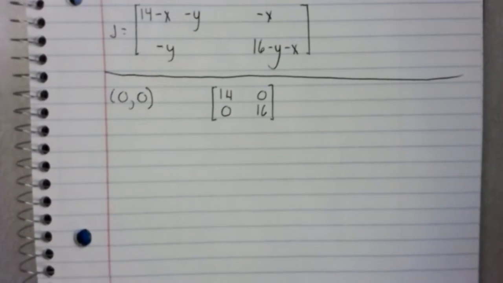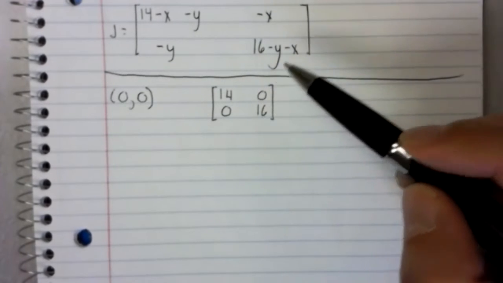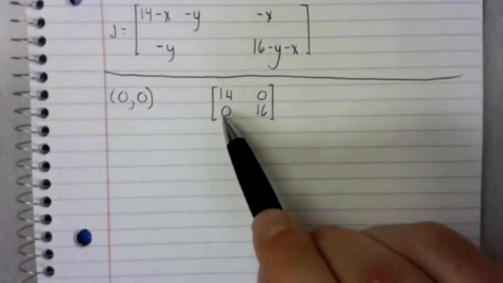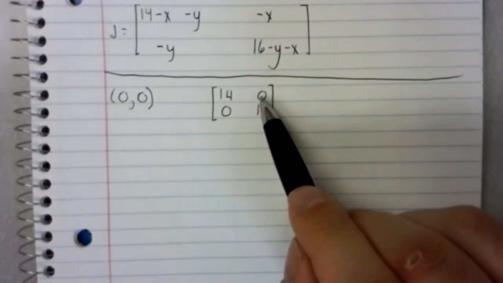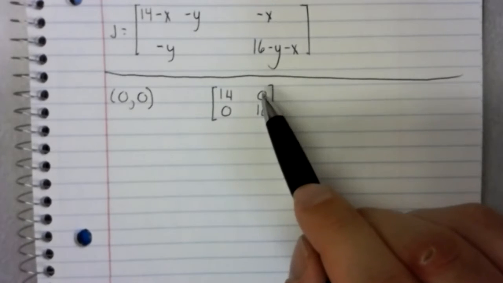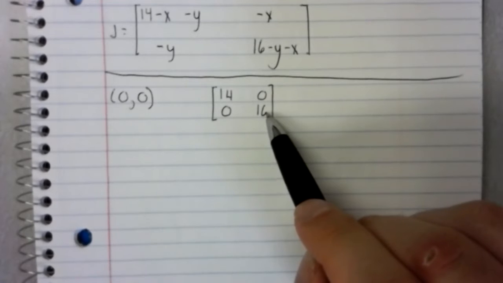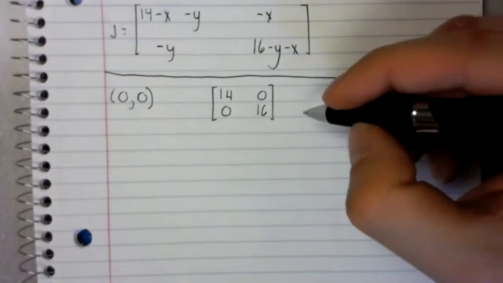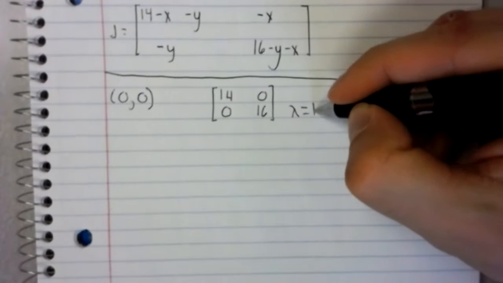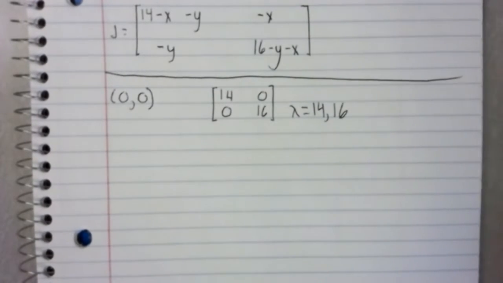We're going to speed this up by using a theorem of linear algebra. If we have a 2 by 2 matrix and either this entry or this entry are 0, then the eigenvalues are the numbers on the diagonal. So the eigenvalues are 14 and 16.